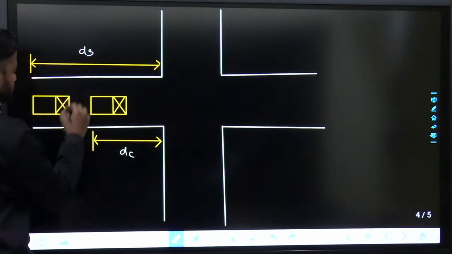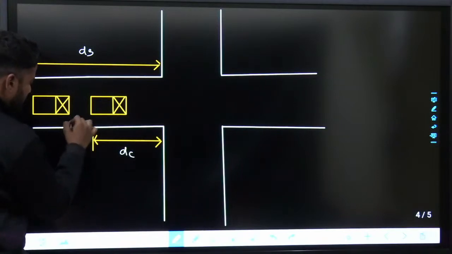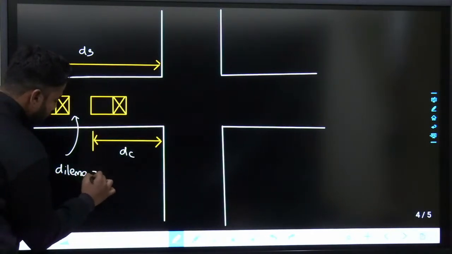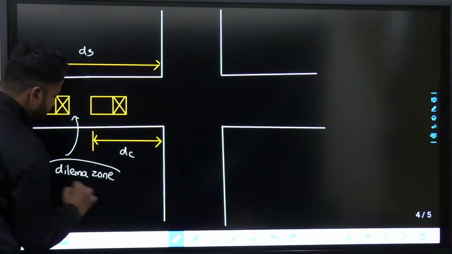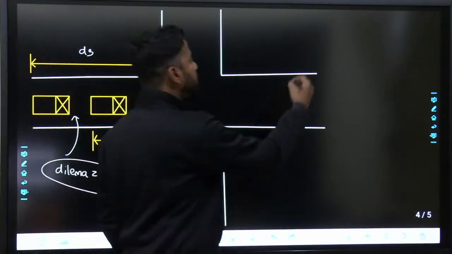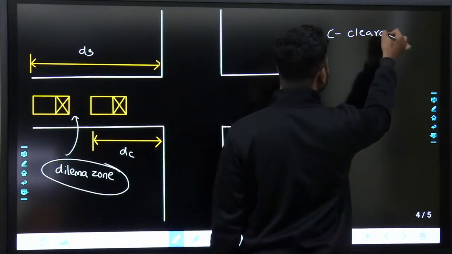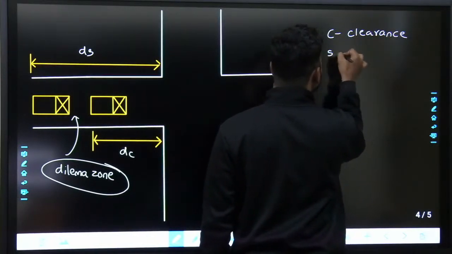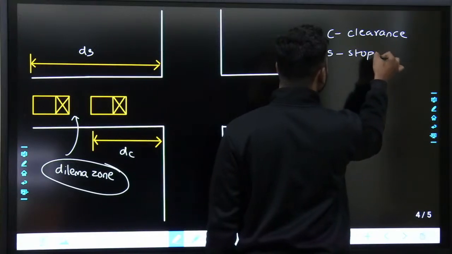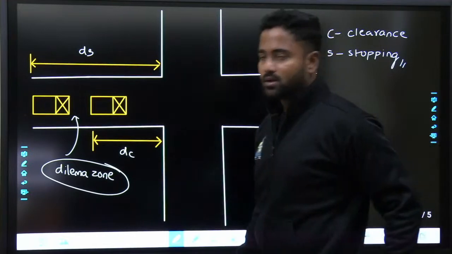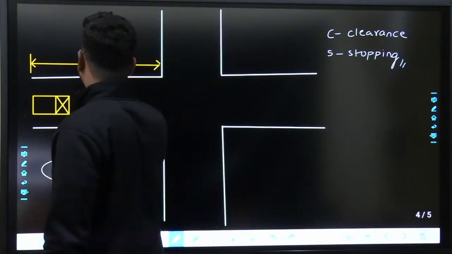Fine. This zone between DS and DC is called as dilemma zone. C represents clearance, S represents stopping. So DS means indirectly it is stopping side distance only.